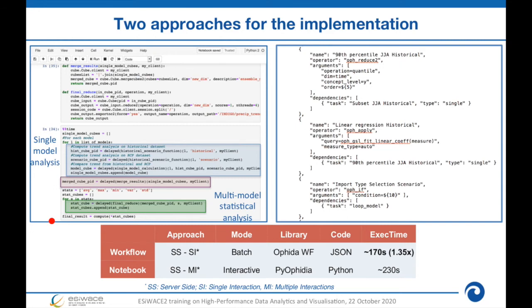But even doing this is still slower than what we can achieve with the workflow manager of the Ophidia server. Basically, with the Ophidia server, this is 1.3 times faster.